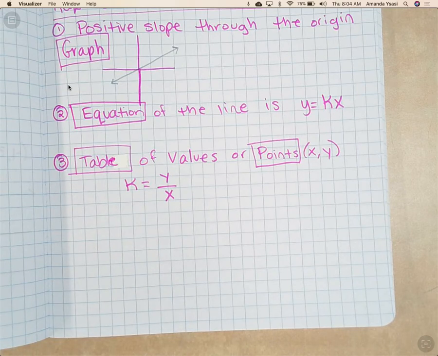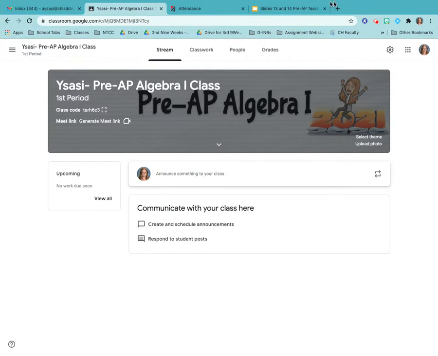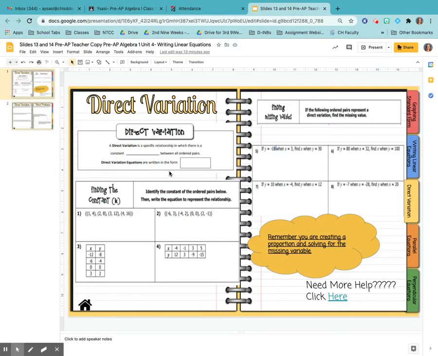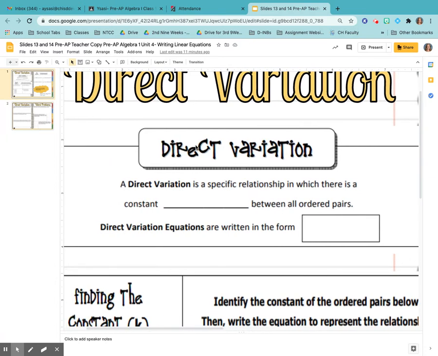Okay, so those are the 3 requirements. So let's look at the slides that we're supposed to do. Slides 13 and 14. So we'll be able to do this on paper and then just put a picture of your work on there, or you can fill it in as we go if your internet's working. Okay, so direct variation.